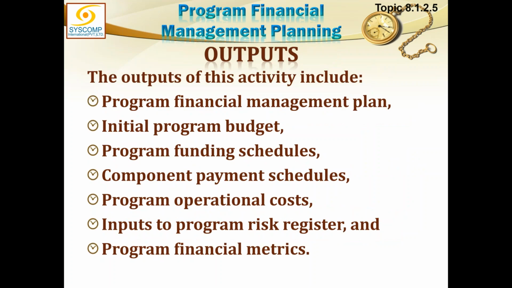The outputs of this financial management planning are naturally the financial management plan itself, initial program budget, program funding schedules, component payment schedules, program operational costs, inputs to program risk register, and financial metrics. So there are a lot of things, and this is an important area.